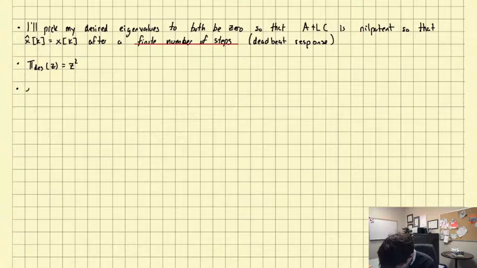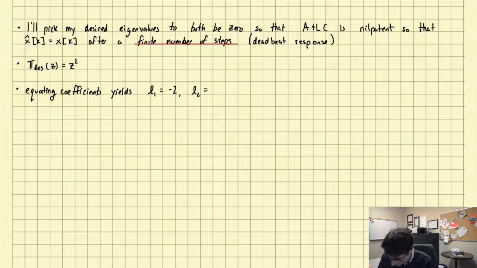So equating coefficients yields, hopefully I didn't make a mistake here, L1 equal to -2, L2 equal to -1 over T, and our observer gain. Okay, that's our observer gain.